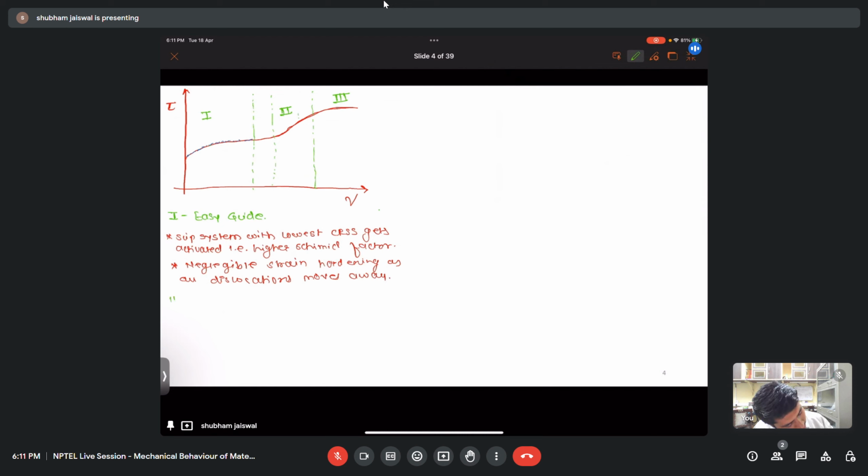The second stage, that is the strain hardening.